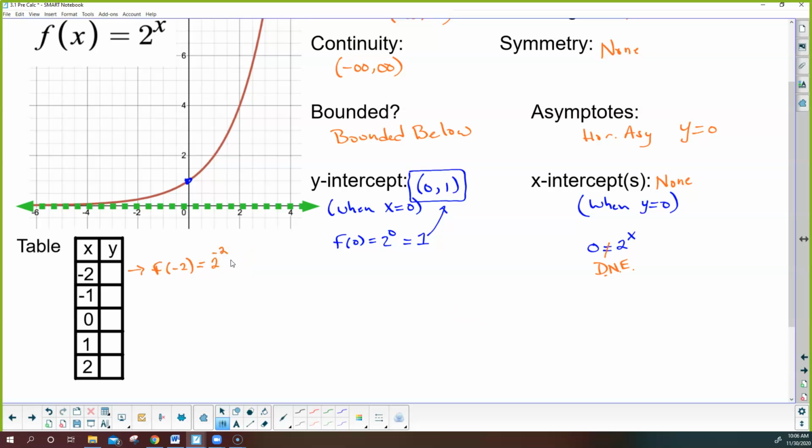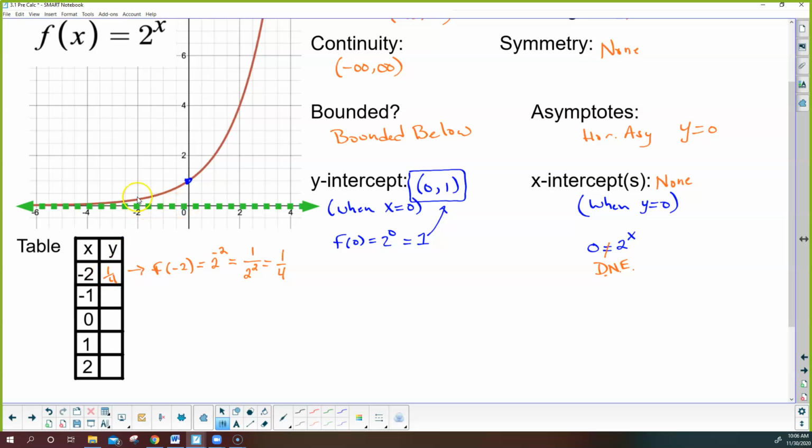And then here's the big piece. You should know what the negative exponent does. Now, I'm going to show a little more extra work here, but the negative takes the base and puts it in the denominator. So now instead of 2 to the negative second power, it's 1 over 2 to the positive second power, which is 1/4.